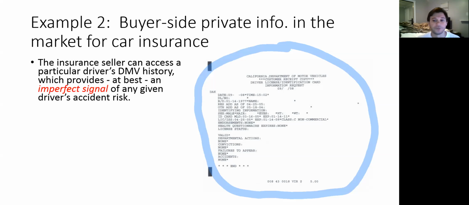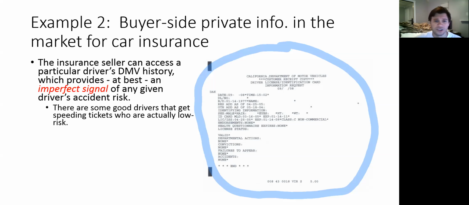So they get some information about your driving record, but they don't have all of it, right? For example, the reason why the driving record is an imperfect signal is because there are some good drivers that do get speeding tickets, but who are actually generally really low risk. Okay, maybe this only happened once in their entire lifetime.